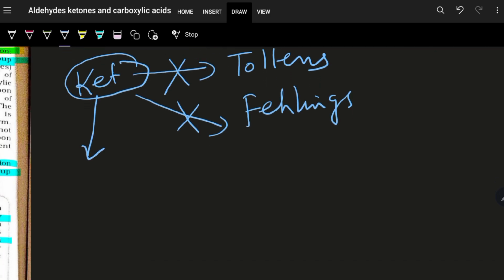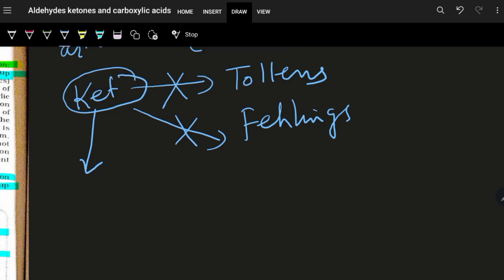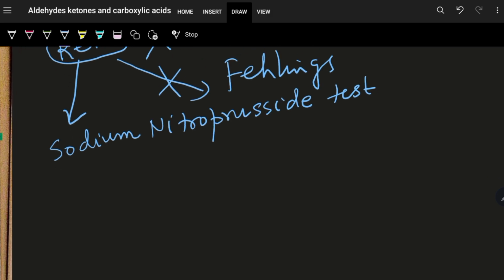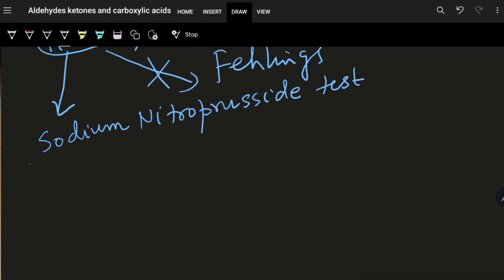2,4-DNP cannot be the confirmatory test for ketone because the 2,4-DNP test is given by aldehydes as well. So for ketone, there is a test which is known as the sodium nitroprusside test. This is a reagent which is used to confirm the presence of ketone. How?